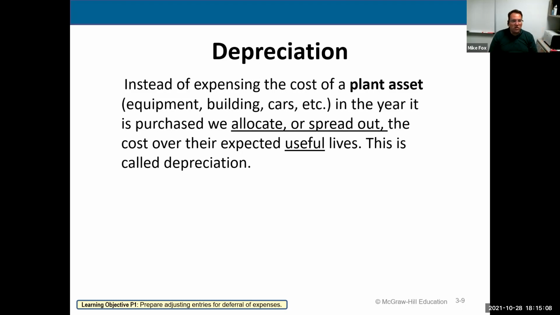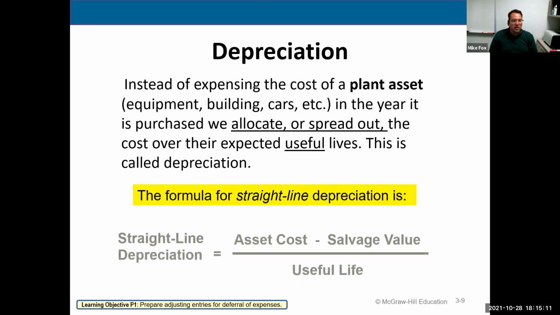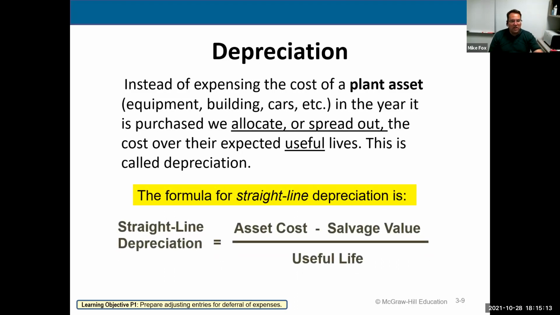And so what we do is calculate how much of the cost of that asset we're going to claim as an expense over each period of the asset's life. And the way we do that is by taking the cost of the asset, subtracting any salvage value, which means any value we think the asset will have at the end of its useful life, and then we divide it by the time in its useful life.